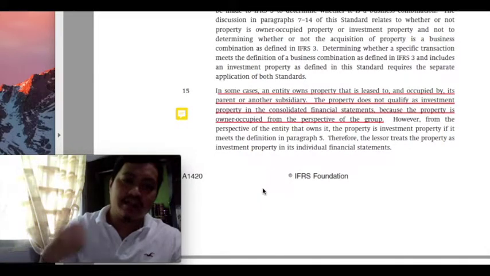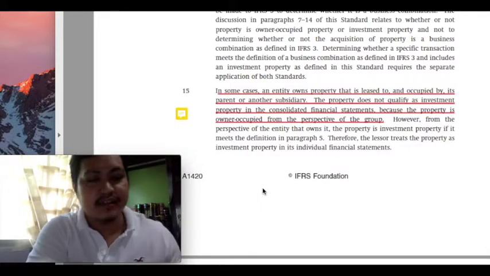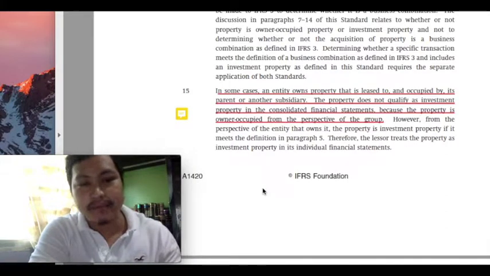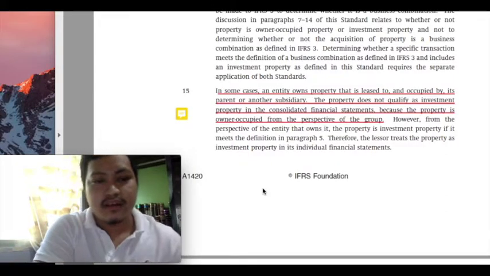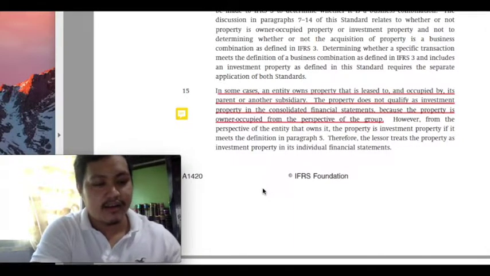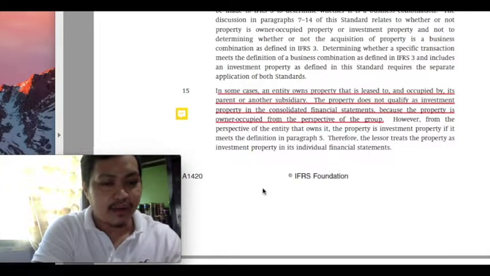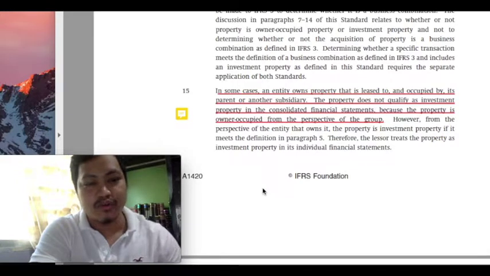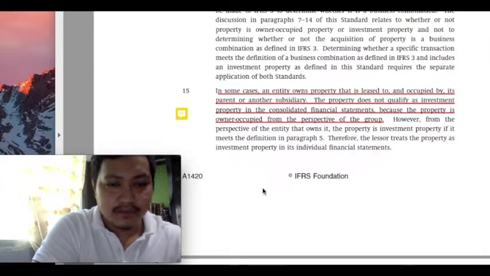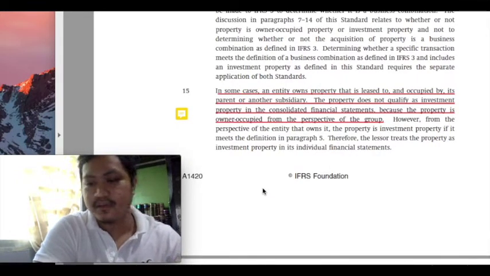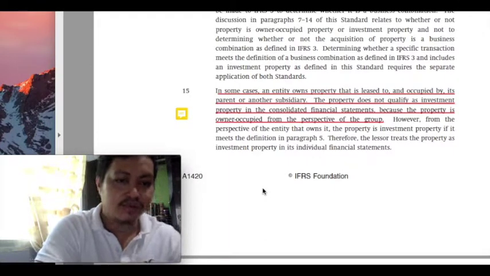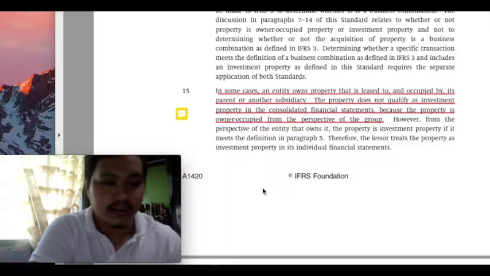So in the eyes of the consolidated entity, everything that is owned by company A and company B is owned by the consolidated entity.